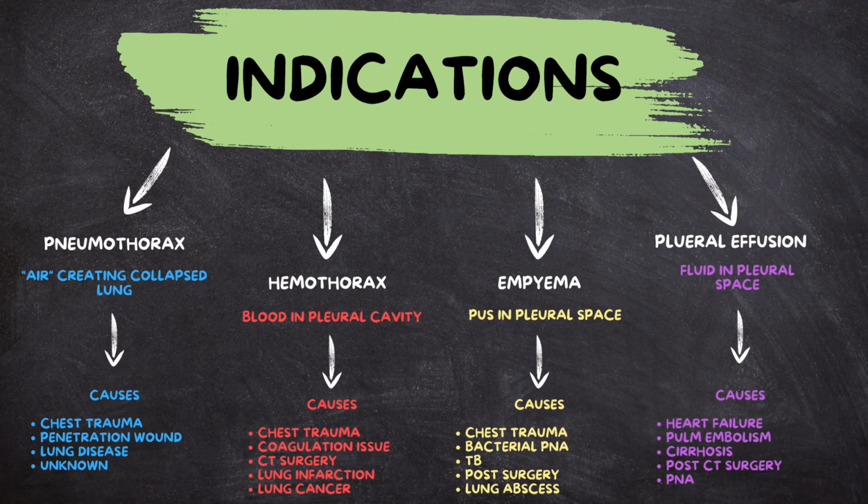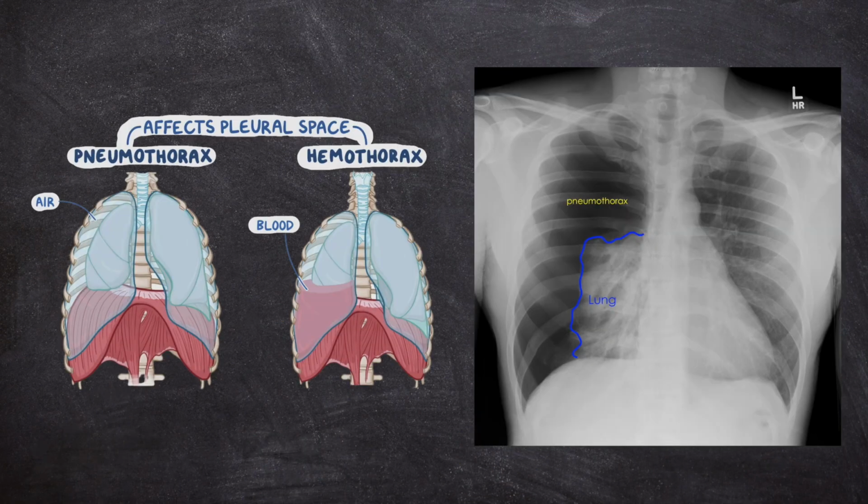So let's take a quick look at a picture that kind of breaks it down for us. And this one just happens to show a pneumo and a hemothorax. So if you'll notice on the left-hand side image, we've got the lung here, and it's sitting here, but now we've got this outside ring here.